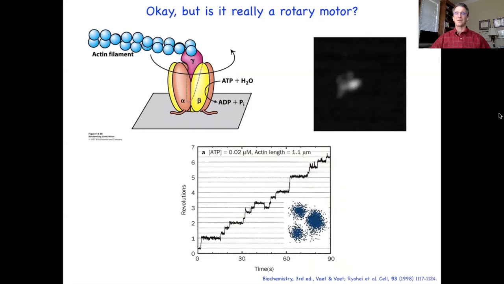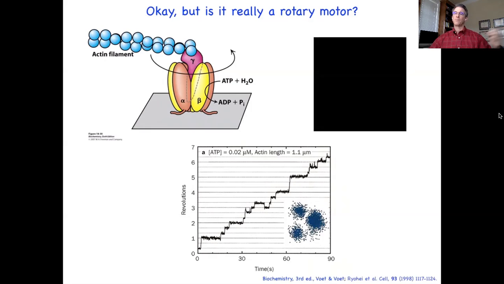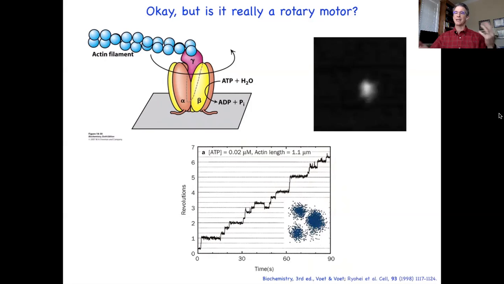So all of this basically is a beautiful demonstration that the F1F0 really is working as a rotary motor, and the binding change mechanism is a simple way that rotary mechanical motion could be coupled to a change in conformational state that biases the free energy between ATP and ADP and inorganic phosphate, right? Which is cool.